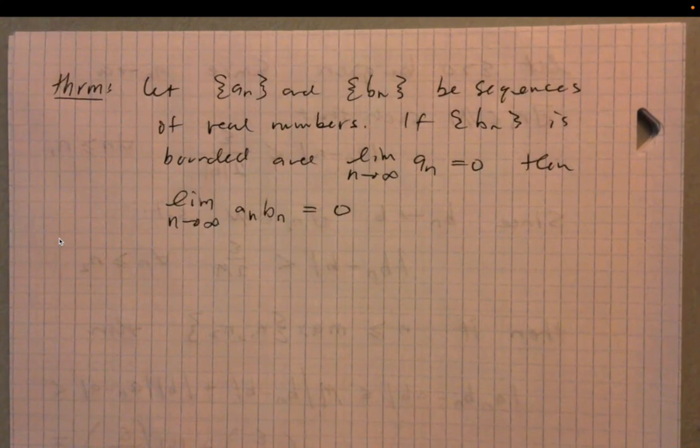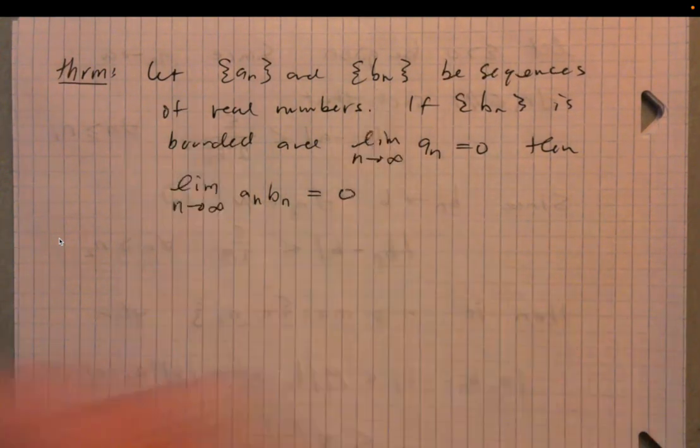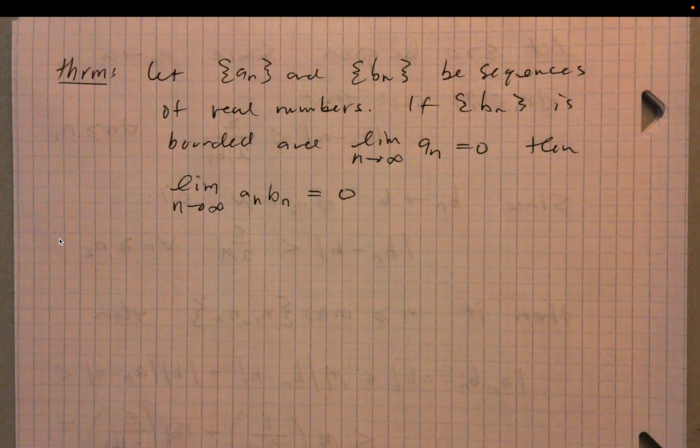Notice here that for the b sub n sequence, we don't assume that it converges. All we're assuming of b is that it's bounded. So it may not converge, but when you multiply it term by term with a sequence that does converge to 0, we get that the product converges to 0.